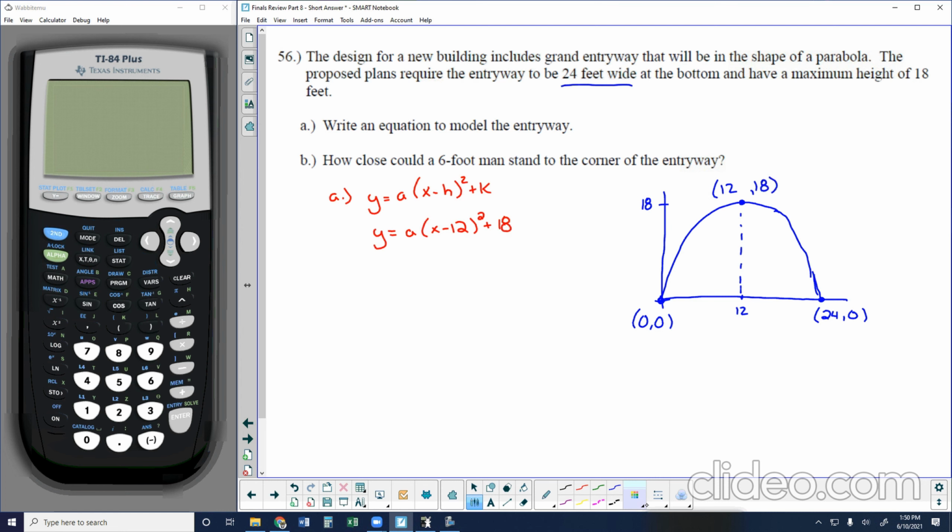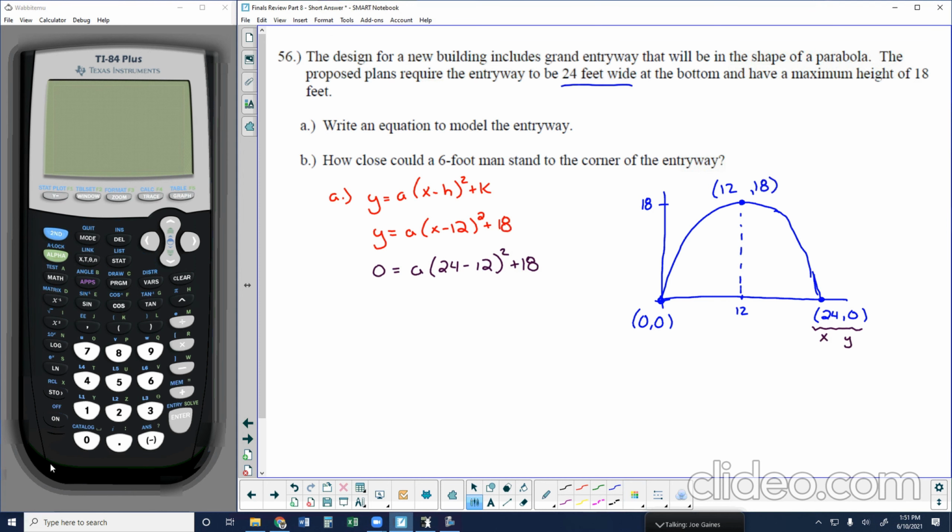However, we do know two points that lie on the parabola other than the vertex, and one of them is 24, 0. This gives me an x-coordinate and a y-coordinate that I can substitute into my equation. If I substitute in 0 for y and 24 for x, this gives me a problem that I can solve for a.